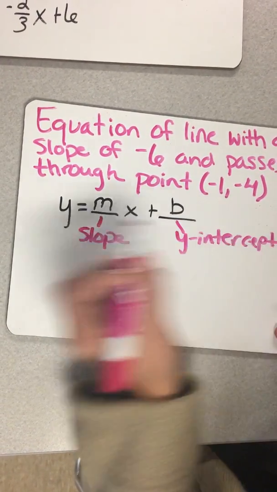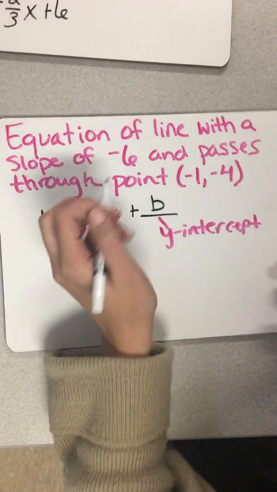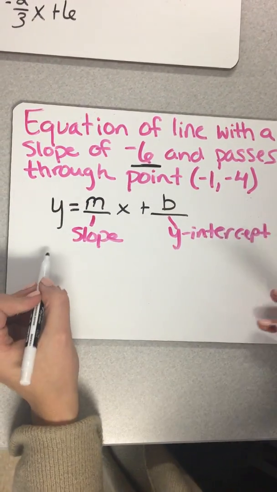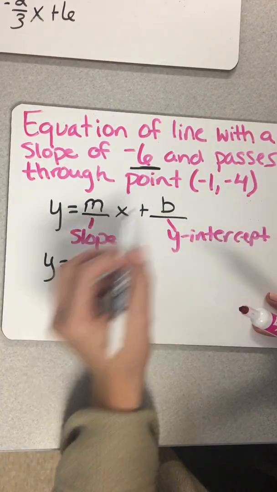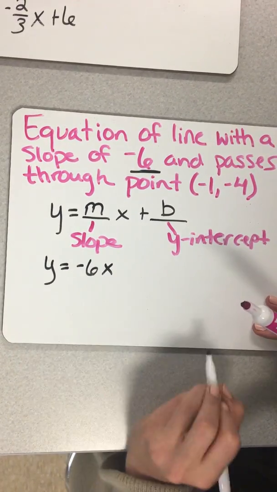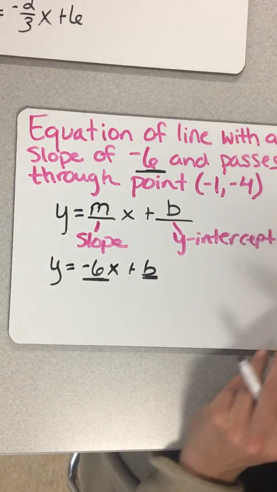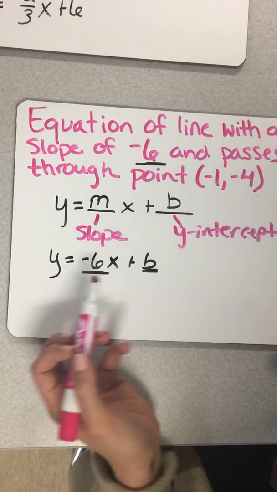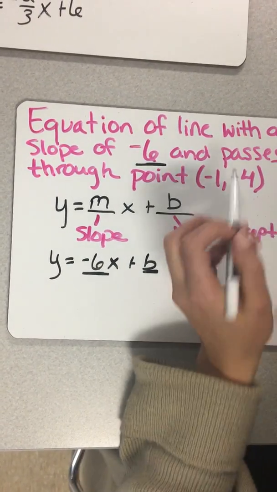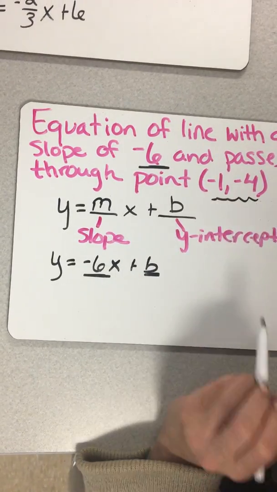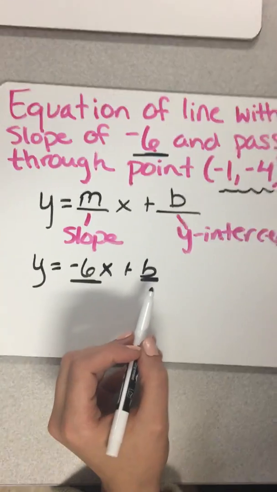Well, from our question, they already gave us the slope of -6, right? So we already have y equals -6x, but we're still missing our b. So how we find that is we use this point they gave us, (-1, -4). We plug that in to find our b value.